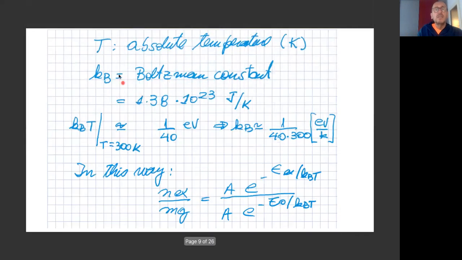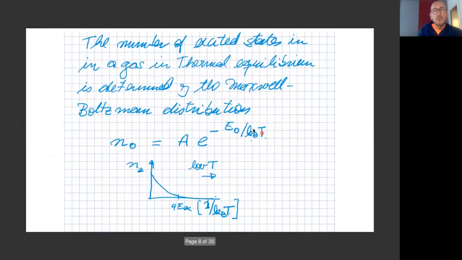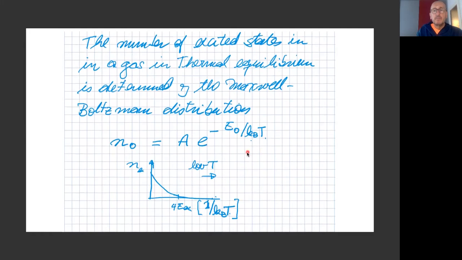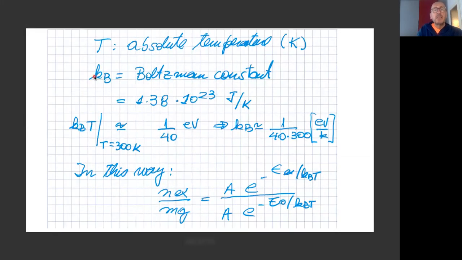T is the absolute temperature in Kelvin, so this actually works only if T is absolute temperature. kB is the Boltzmann constant, and it's an obscene number as usual. It's 1.38 times 10 to the minus 23 joules per Kelvin.